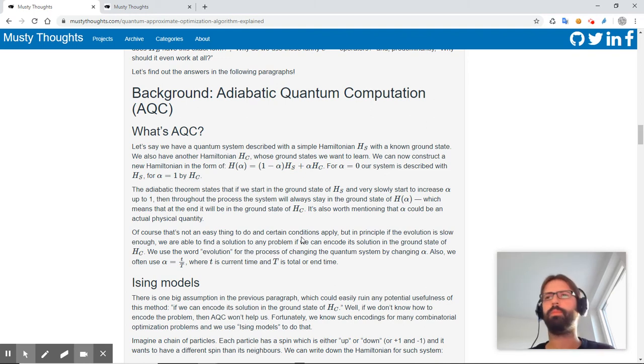But that's pretty abstract, actually. Which means at the end it will be in the ground state of HC at the end of this whole evolution.